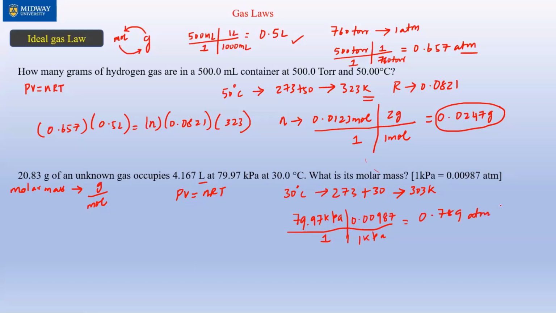Now we have the correct representation. Pressure is 0.789, volume is 4.167, n is what we need to find, R is 0.0821, and T is 303.